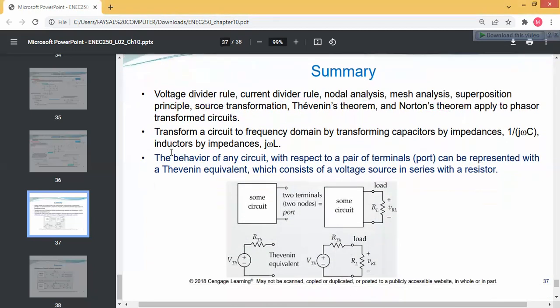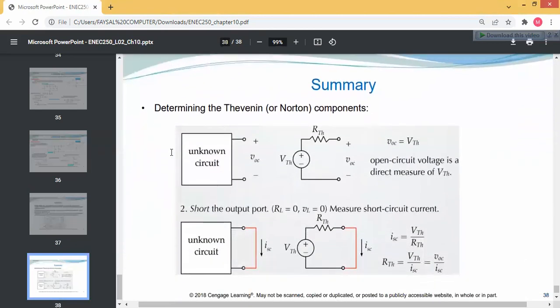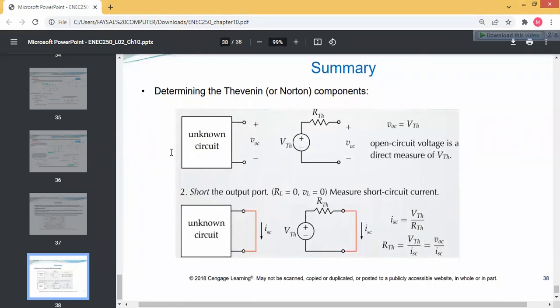Now the next one is to determine the Thevenin or Norton components. There must be an unknown circuit with the V naught. V naught is the voltage across the positive and negative terminal.